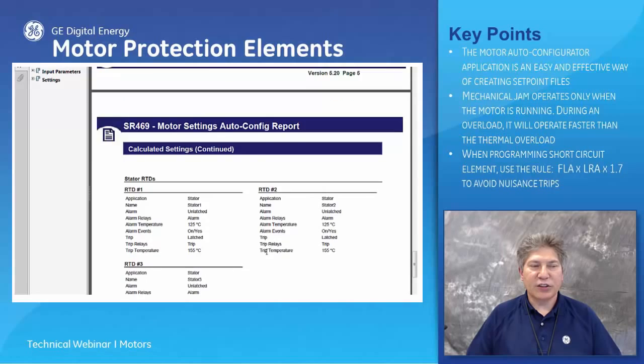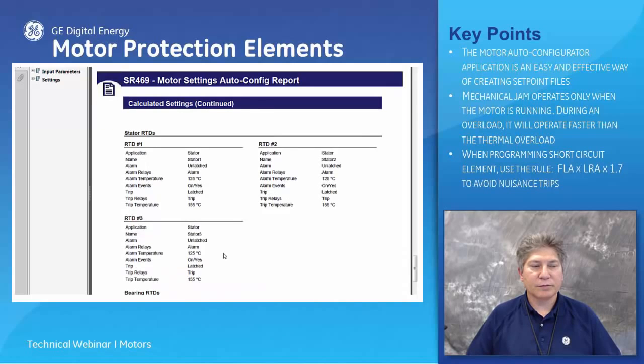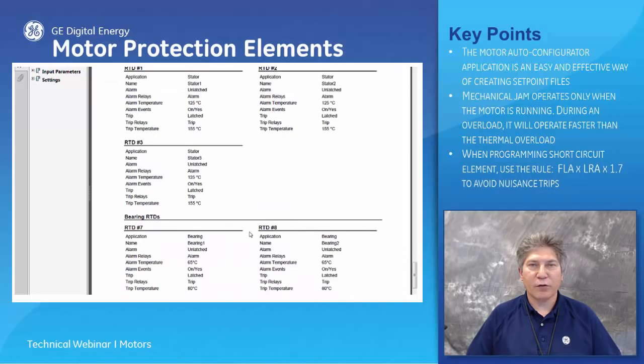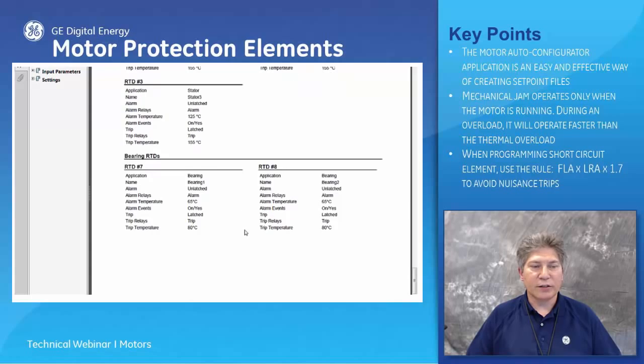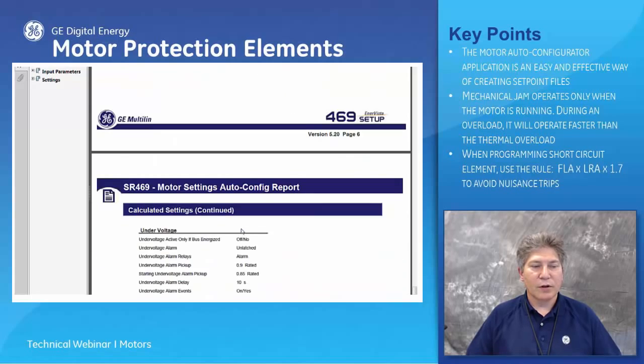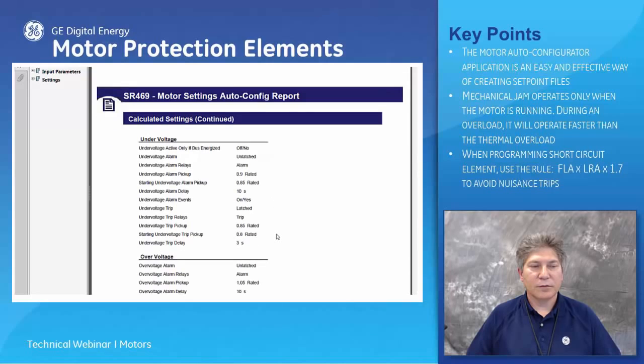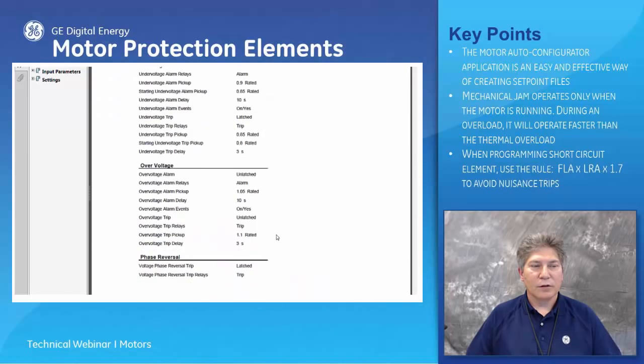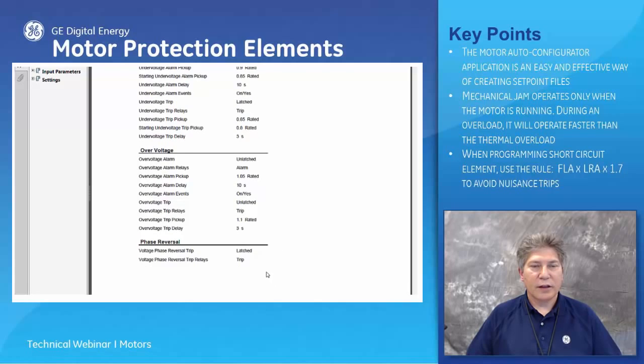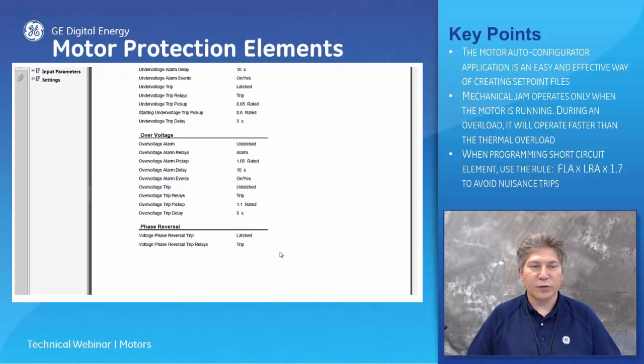On this page we see the different configurations for the RTDs, for the alarm and the trip levels, for the stators, and then further down for the bearing RTDs. Undervoltage settings, overvoltage setting, and finally phase reversal.